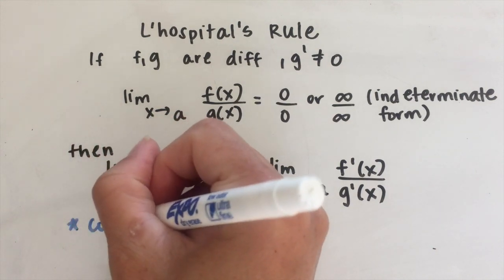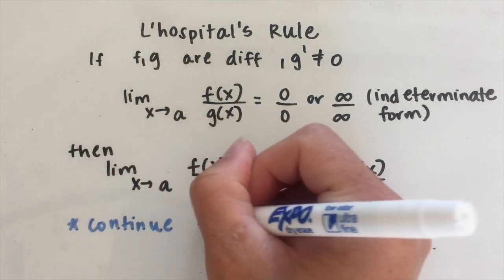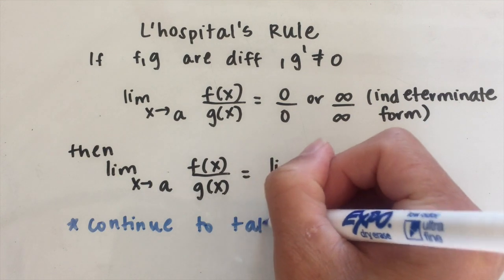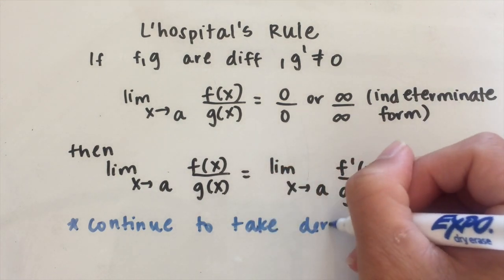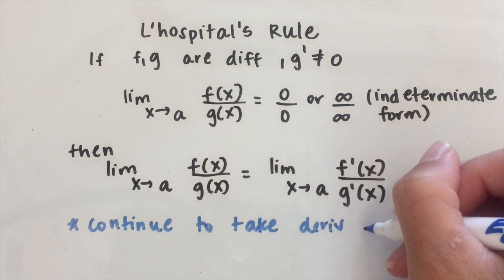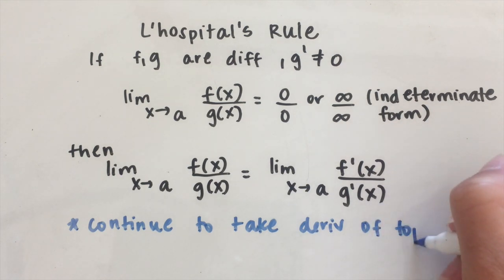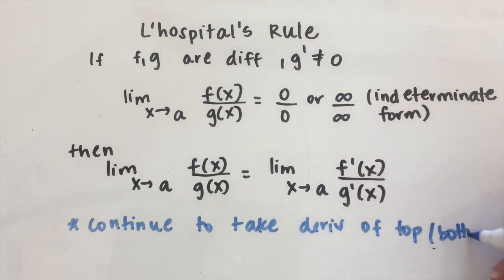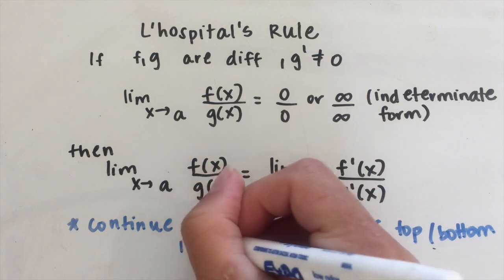Also, you're going to want to continue taking derivatives of the top and bottom if you still get infinity over infinity or 0 over 0. And remember that g prime cannot equal 0.